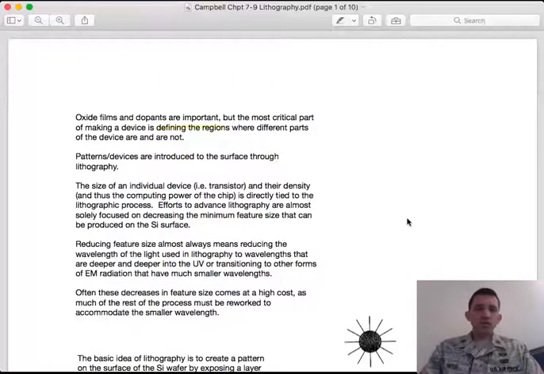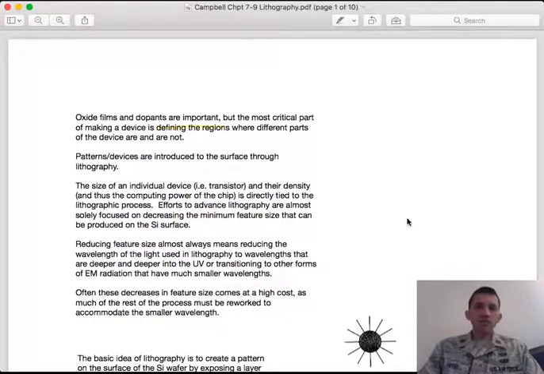I should also mention that this is probably the one area where the age of the text is most evident, right? This is where a lot of the innovation is focused in microfabrication. And so what I'm covering is not meant to be an up-to-date, state-of-the-art lesson.